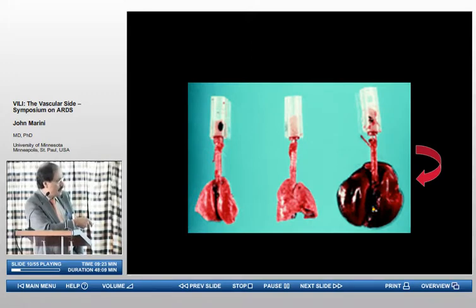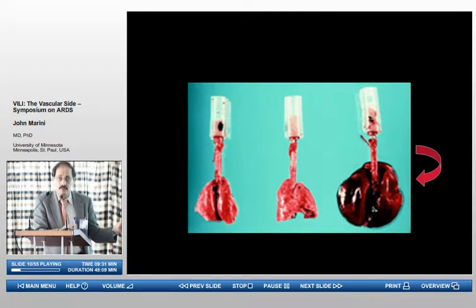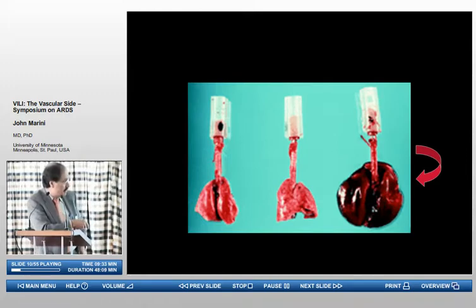And the only thing I want to call to your attention is that within 20 minutes of inflating lungs, I believe these are rabbit lungs, they were inflated ex vivo, I guess, but you see a hemorrhage occurring in a perfusion state.